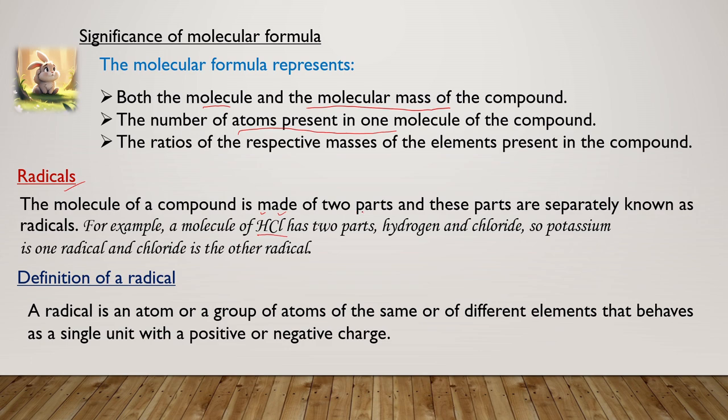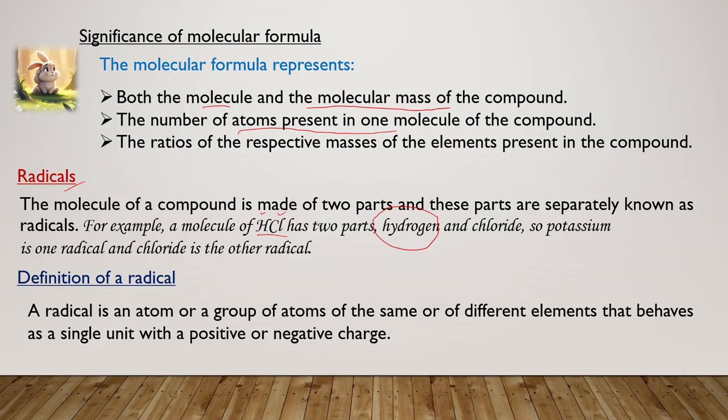Sometimes in the place of hydrogen it can have potassium also, so I have written potassium. So hydrogen is one radical and chloride is another radical. Potassium is one radical, chloride is another radical, isn't it? So these are the parts of a compound.